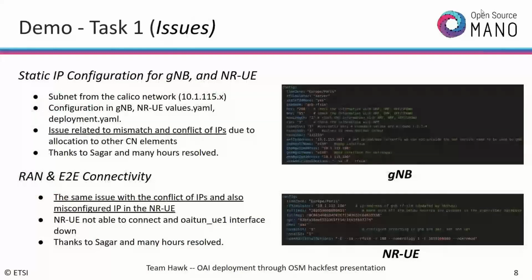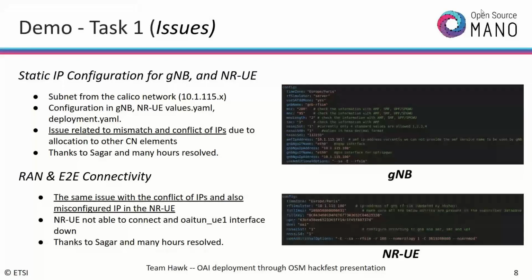Yeah. So with regards to the issues for task 1, it was mainly due to the static IP configuration. Firstly, we were not sure which IP subnet to use, but as we were using the Calico IPs as shown in the tutorial, we were able to figure out where that VXLAN is and how the subnet is allocated over there.